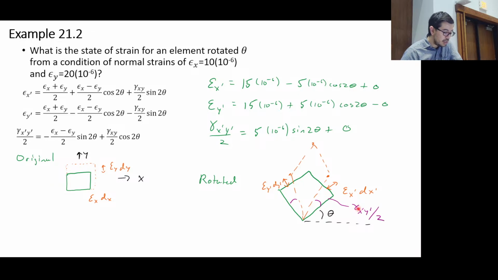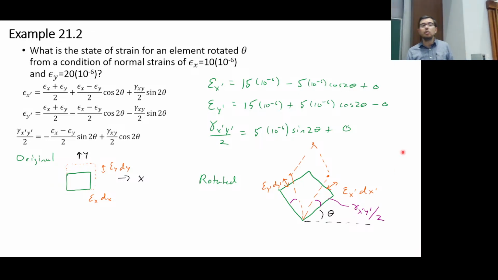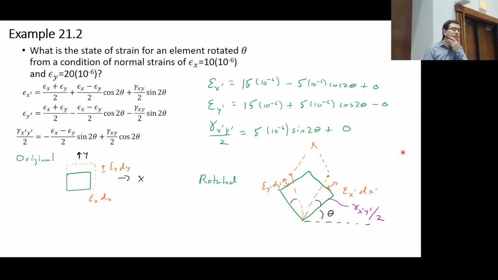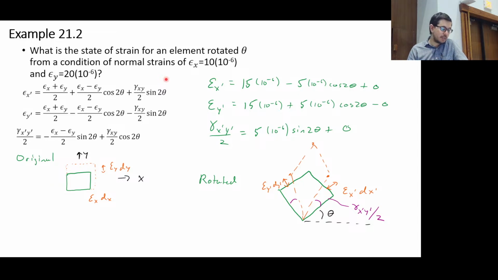And the gamma x prime y prime over 2 would be like that. So that's essentially doing the same thing we had, going from a state of normal strains. They're actually principal strains because, and I should have said this more explicitly, the gamma xy was equal to 0. Questions, comments, criticisms?